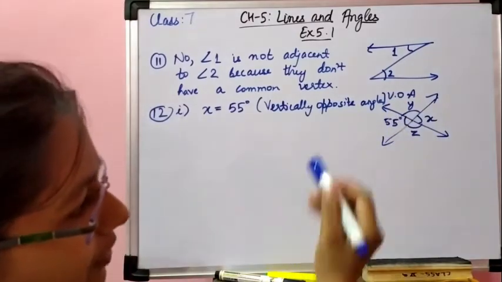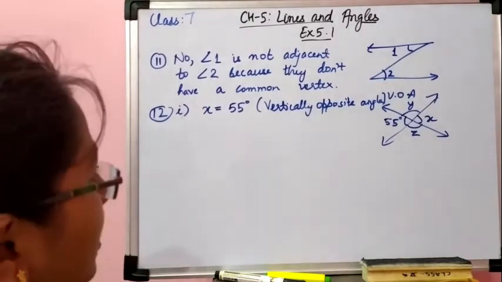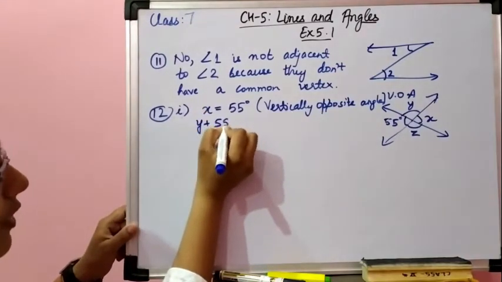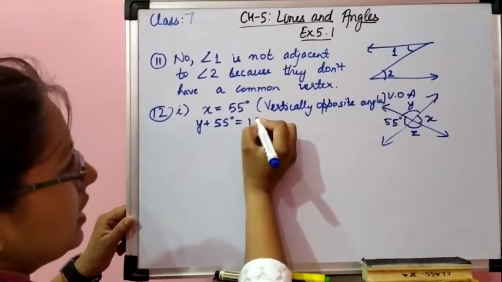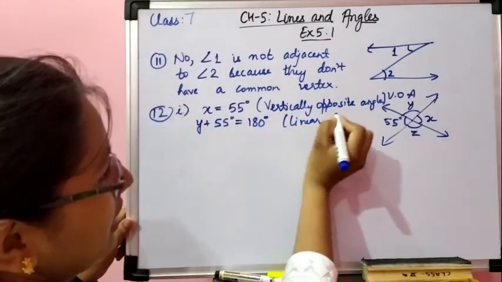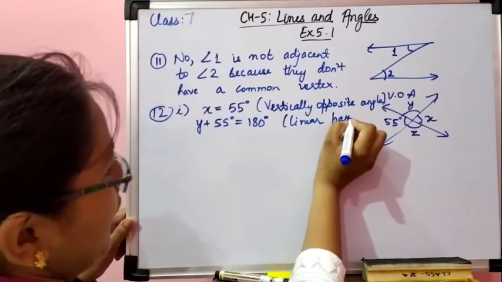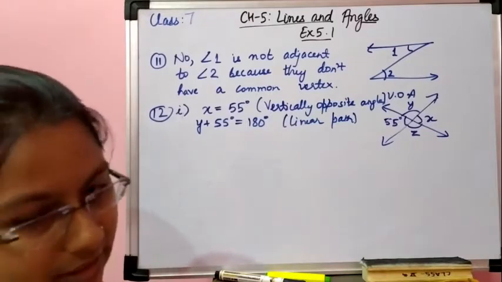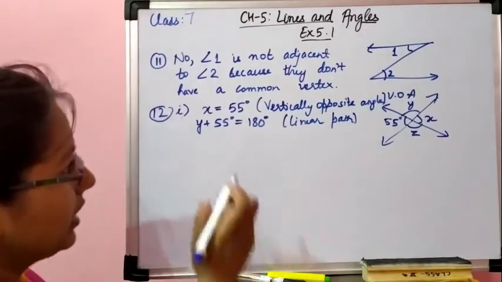So you can find any one of them, either Y or Z. First of all I am finding Y. Y plus 55 degree is equal to 180 degree. Why? The reason is linear pair. Writing the reason is very important. If you do not write the reason, then definitely marks will be deducted.